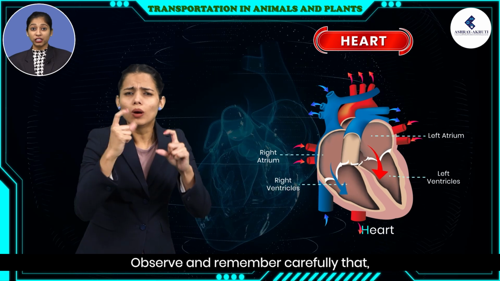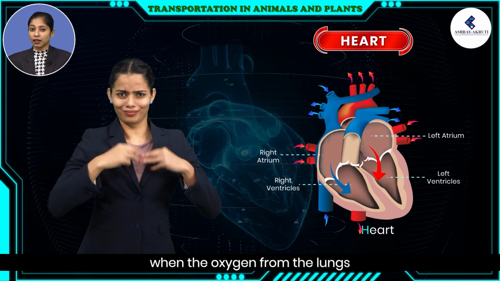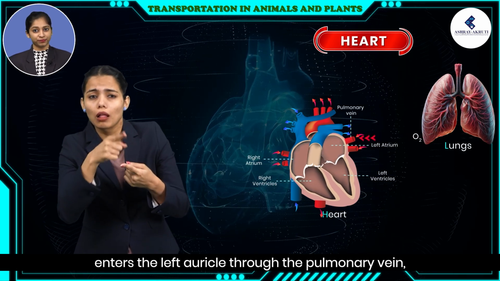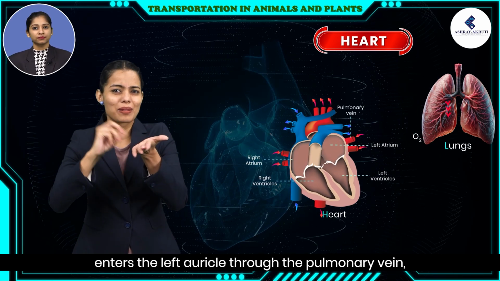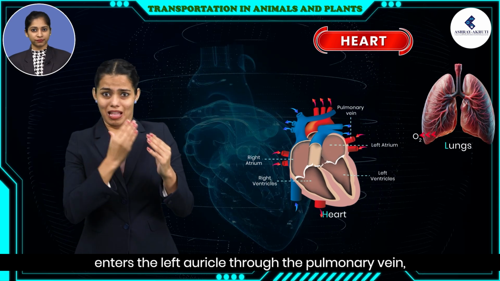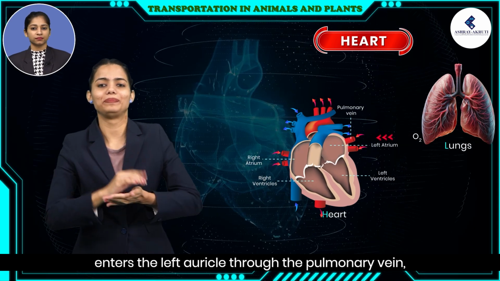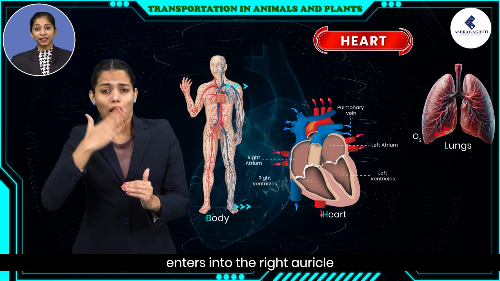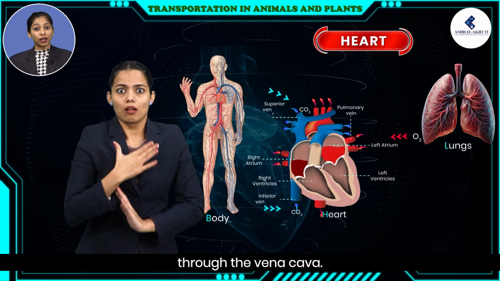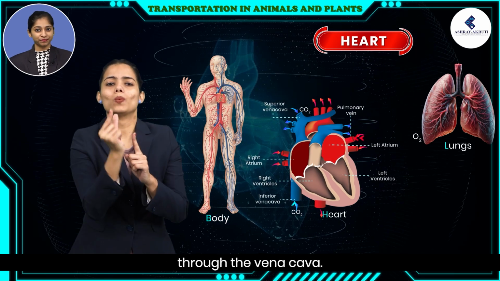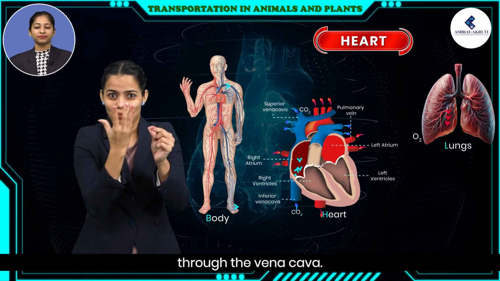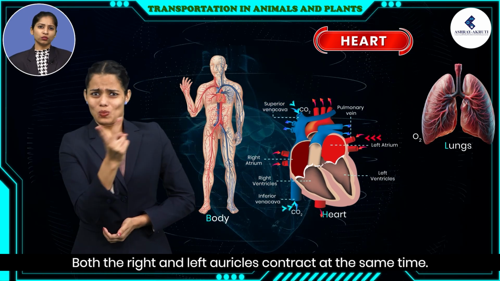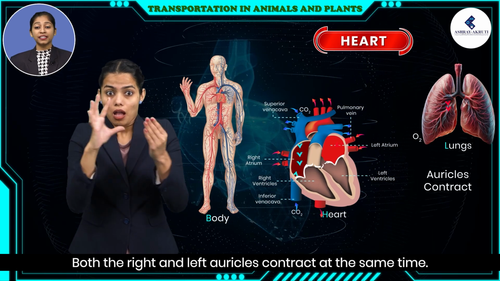Observe and remember carefully that when the oxygen-rich blood from the lungs enters the left auricle through the pulmonary vein, at the same time, the blood rich in carbon dioxide enters into the right auricle through the vena cava. Both the right and left auricles contract at the same time.